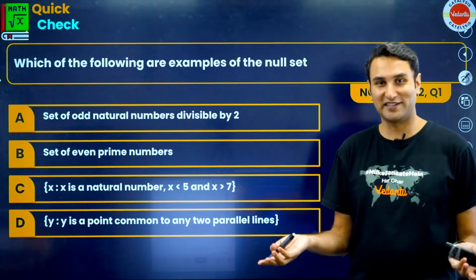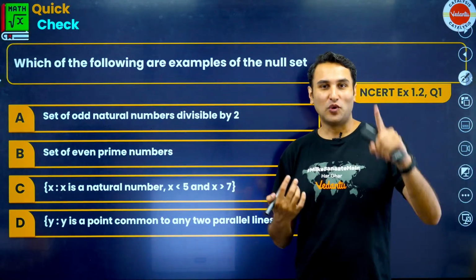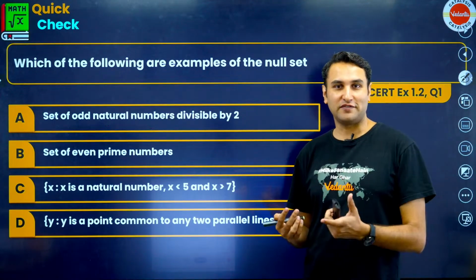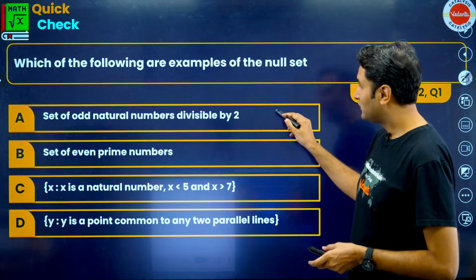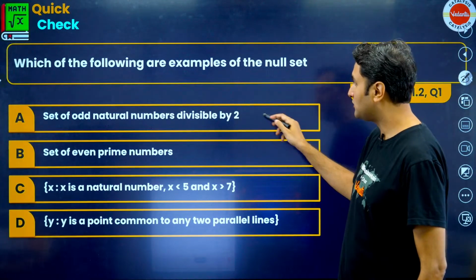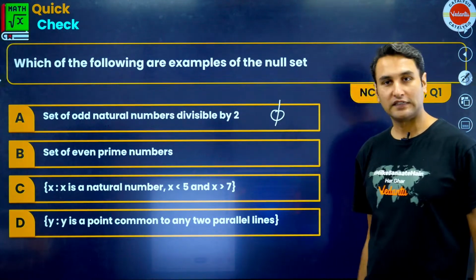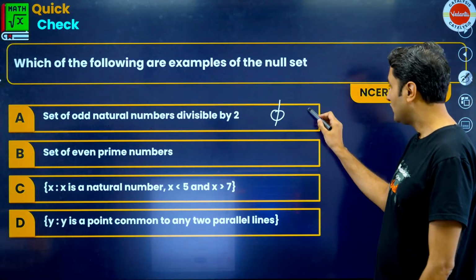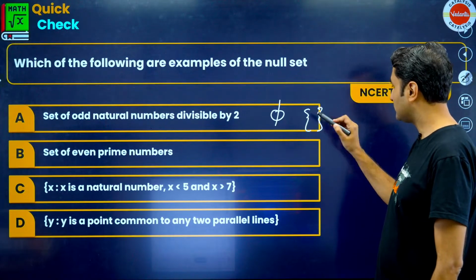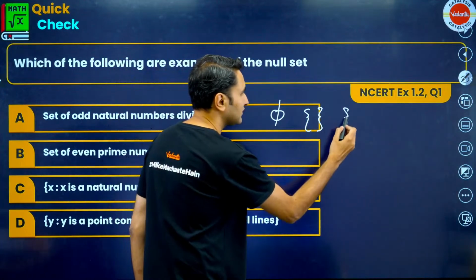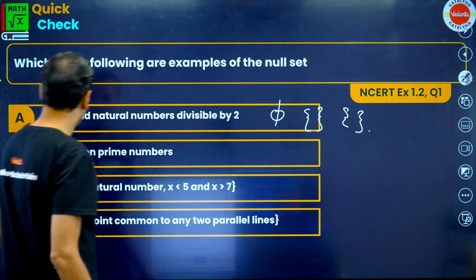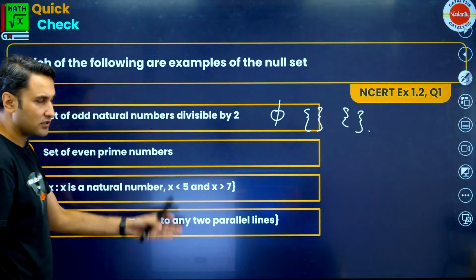Other than the even numbers, right? So 1, 3, 5, 7, none of the odd numbers is divisible by 2. So the set of odd numbers which are divisible by 2 is definitely phi, the null set. There is nothing in this. You can also represent this with empty curly brackets, right? Empty curly brackets.